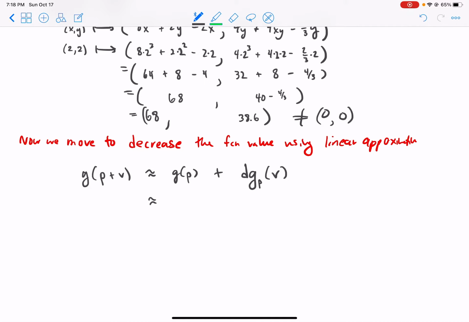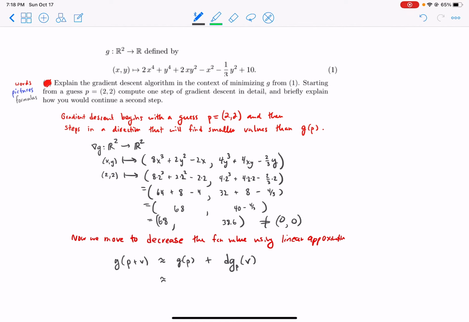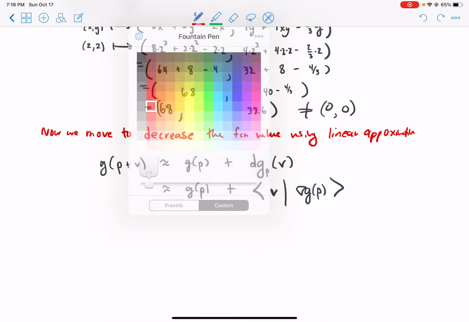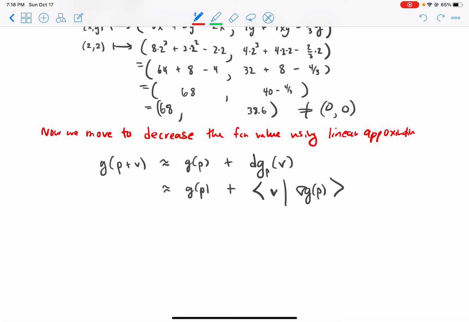Now, because we're in the situation where the output is a real number, this derivative is a dot product. So it's actually going to be the dot product of v with the gradient of g at p, which is this vector at that point. And so now in red I'll say, we can choose which direction we step, which v.